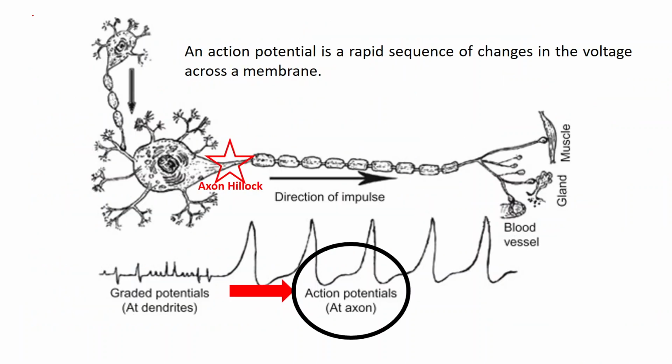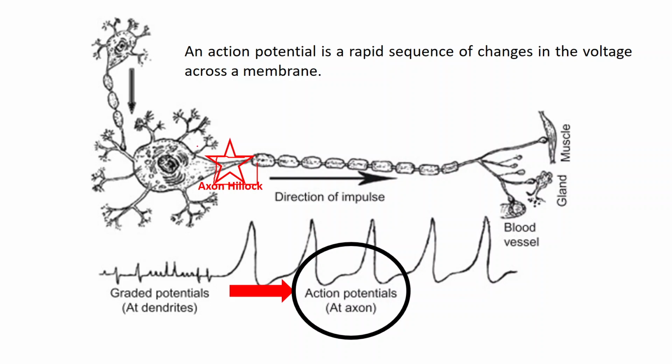Is this all clear? So once the graded potential is high enough to depolarize the axon hillock, to bring the membrane in this particular location to the threshold, it will result in the generation of the action potential. And what is special about this location?